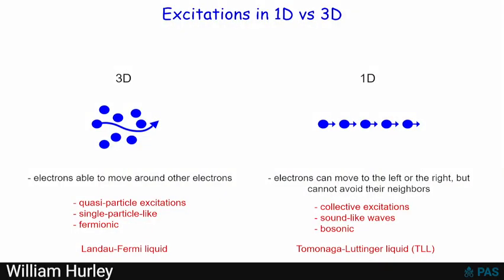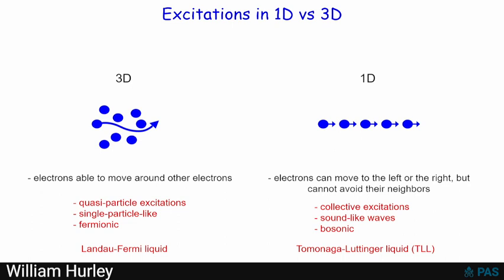Now let me move on to talking about one-dimensional physics. So the excitations in 1D are very different than excitations in 3D. In 1D, electrons can move to the left or the right, but they can't go over another electron.